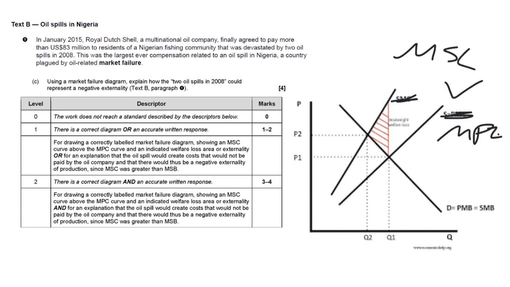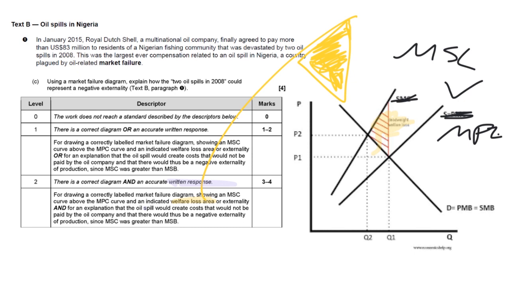The MSC is above the MPC, so that shows you a welfare loss area here, indicated as a triangle. This would be the welfare loss.